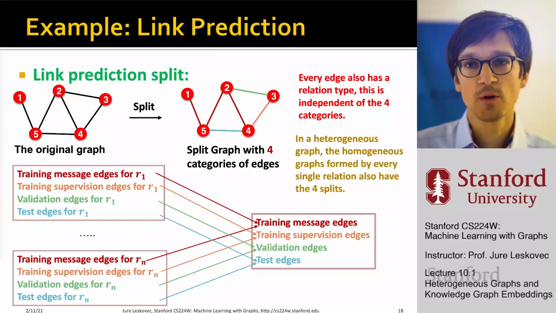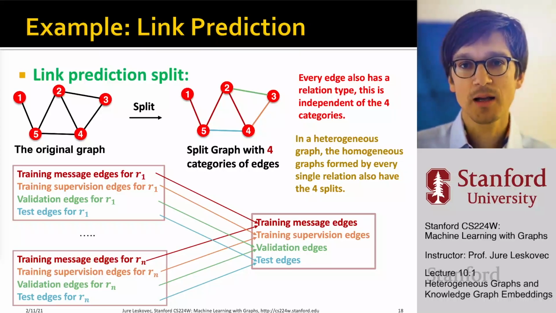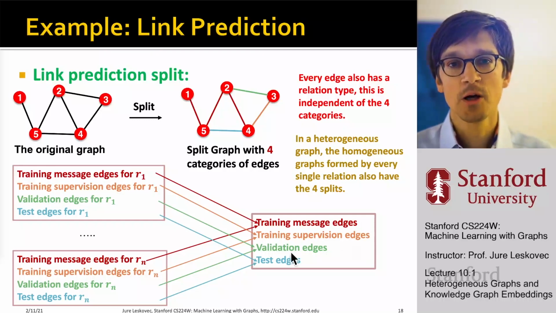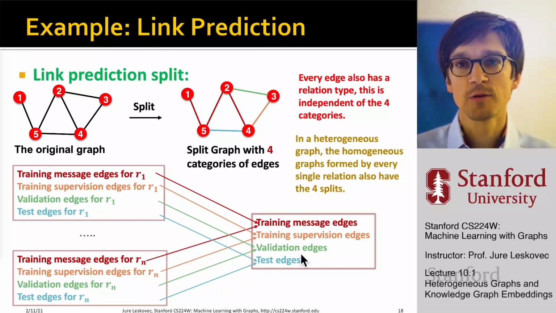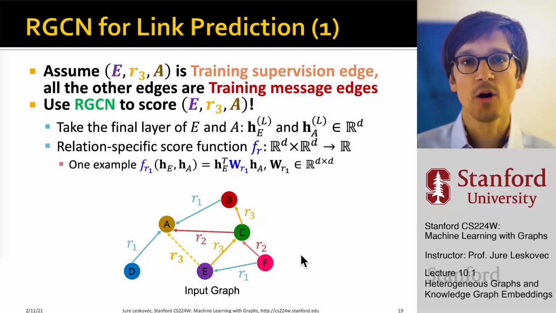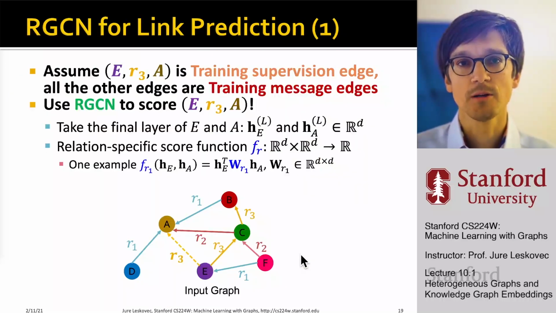So we have these 4 edge buckets: training message edges, training supervision edges, validation edges, and test edges. We do this splitting for each relation type separately and then merge into the 4 sets, and then everything still applies as we talked about for link prediction.